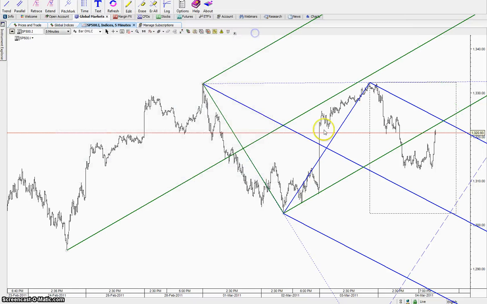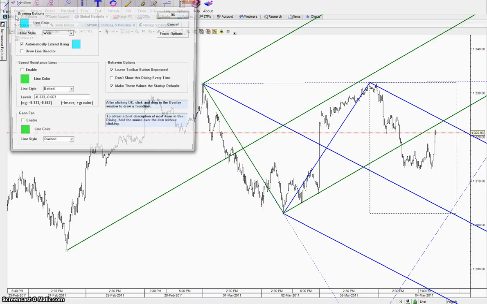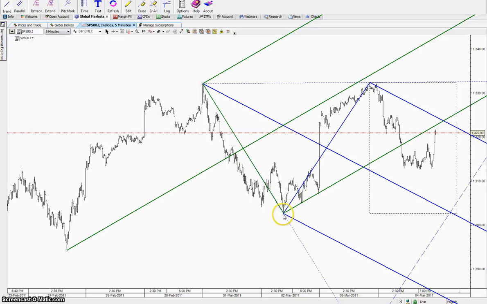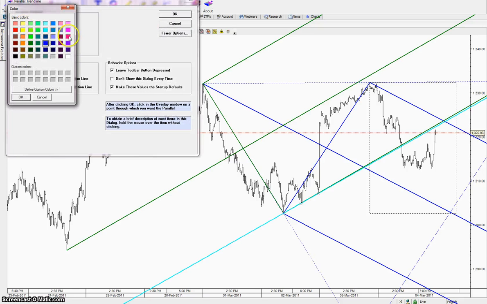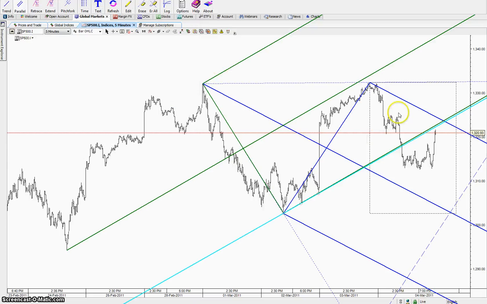Don't need reaction lines. Okay, let's look for a multi-pivot line. Well, that's a multi-pivot line. And that's a multi-pivot line. So if I was to take a single line and put it up the multi-pivot line there, that follows here, and then I get the parallels, and I get the pink one of those, and I make that the high, then that is the target, roughly.